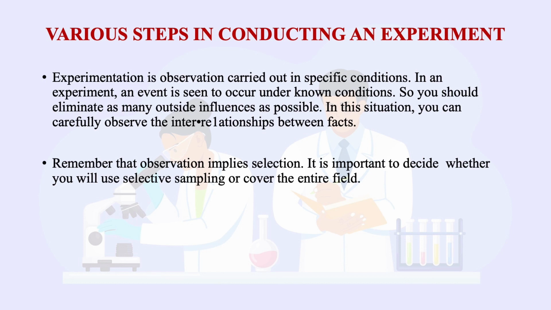So there may be different answers for different sections of your research, but they should always be in consonance with what the theoretical assumption or the theoretical hypothesis raises there. So experimentation is observation that is carried out in specific conditions, and in an experiment there are events that occur under certain conditions, may be known or unknown.